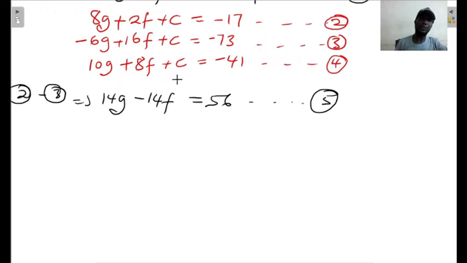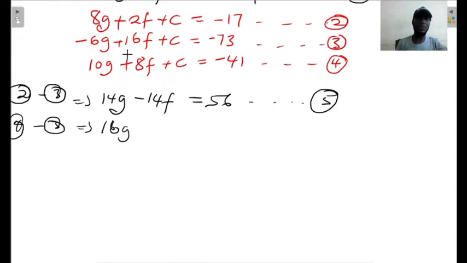Then we can choose any other two again. So equation 4 minus equation 3, that will also give us 10 minus negative 6 give us 16g.